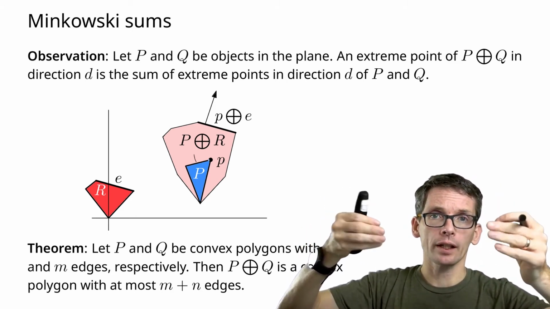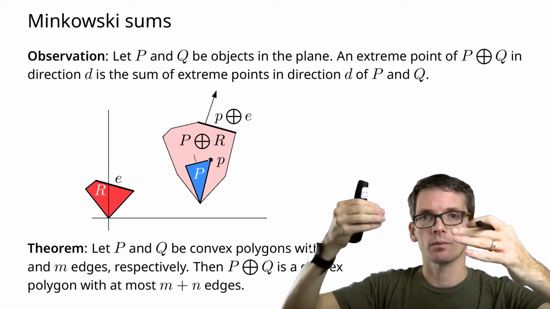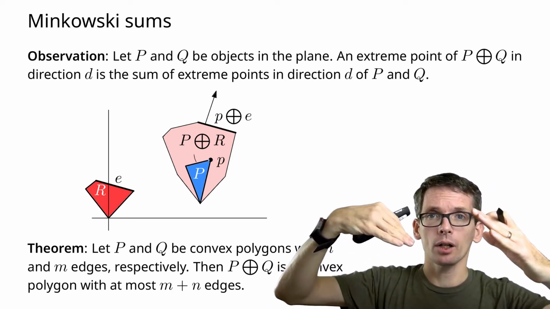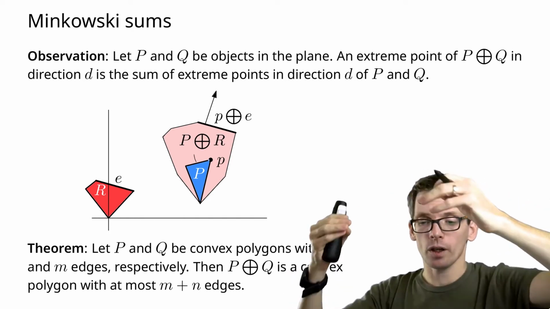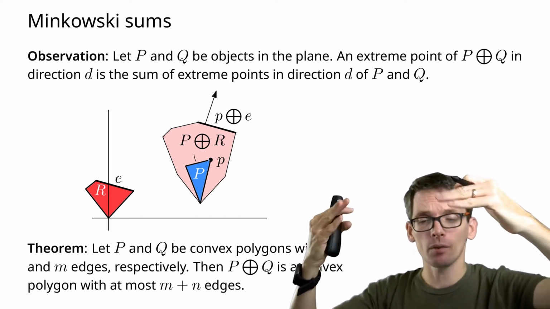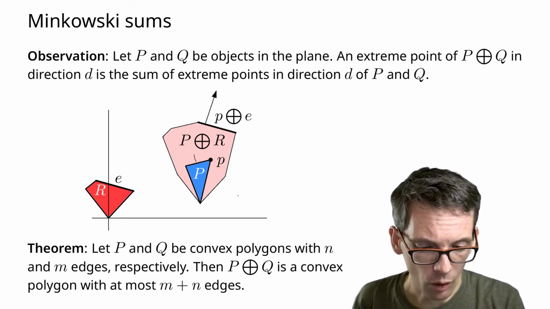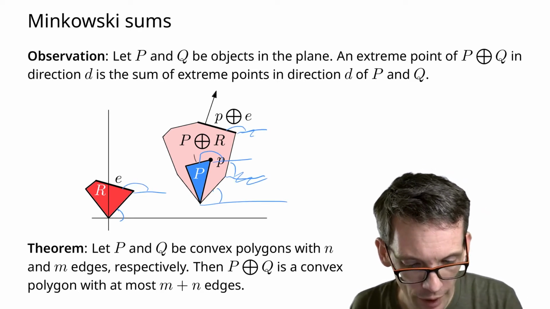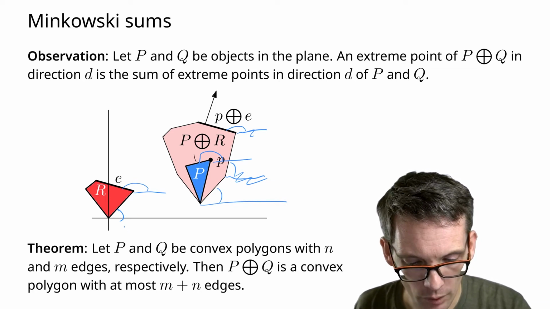So all of the extremes are combinations of vertices and edges, or possibly edges and edges, or vertices and vertices. And also they occur in the order in which they occur on R and P. Even more strongly, if I now order all of the edges of R and P, we see that the edges actually occur in that order.